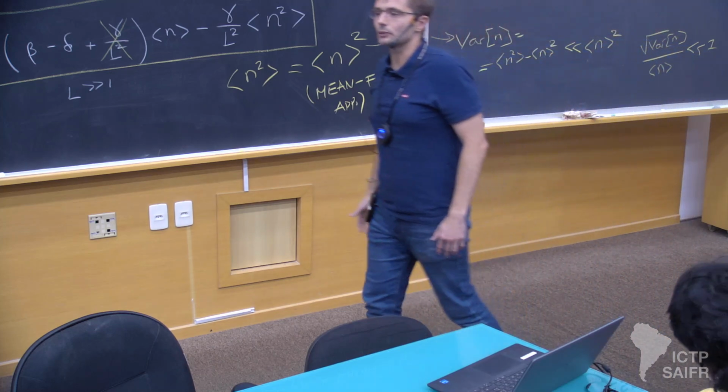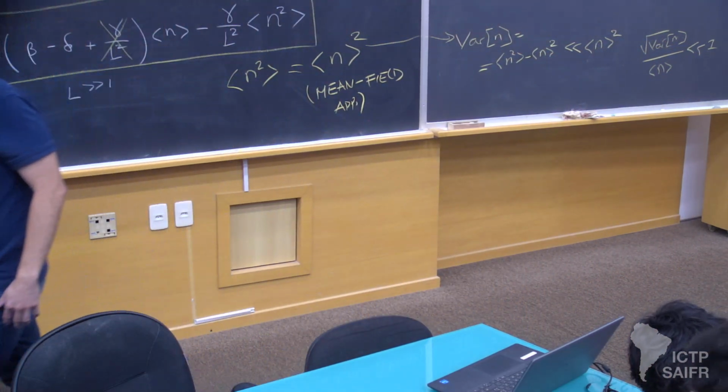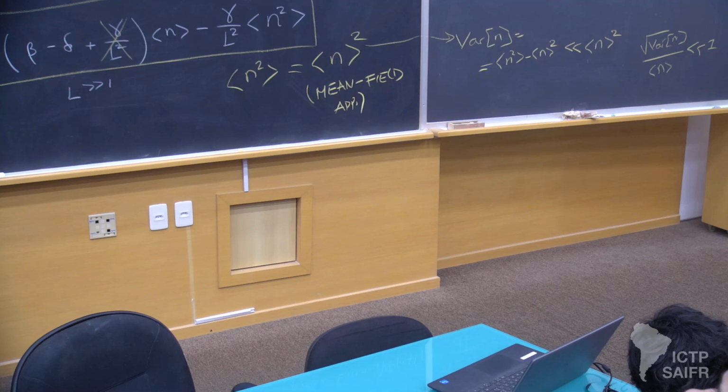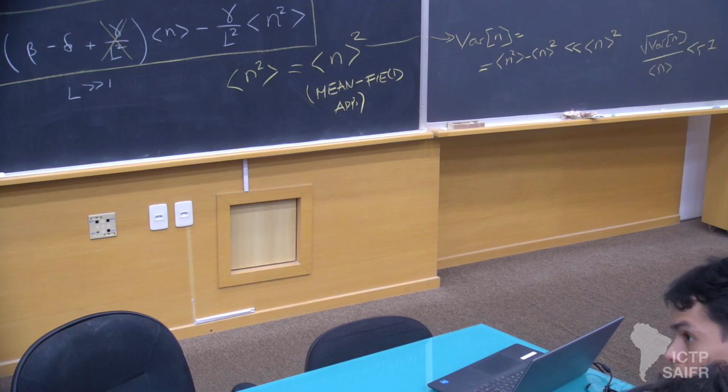Who wants to tell me differences between these two distributions? And the color doesn't count. Yes? The peak is not the same. Okay. That was not the first one I was expecting, but it is the one that we are more interested in.